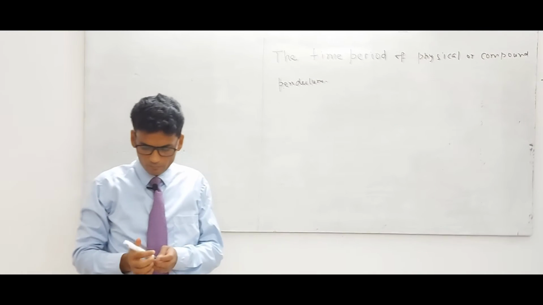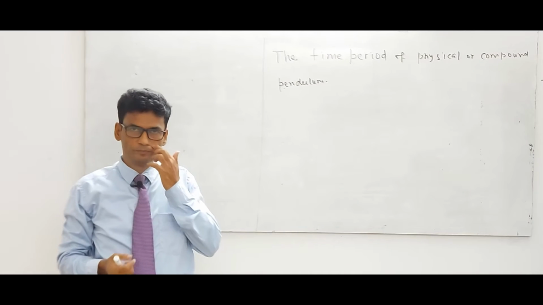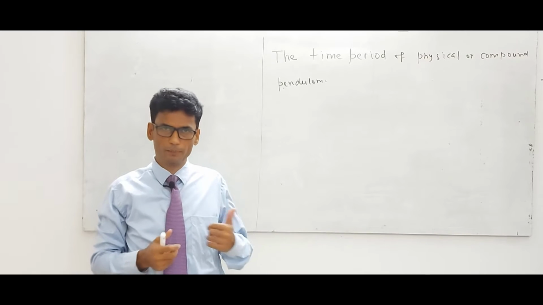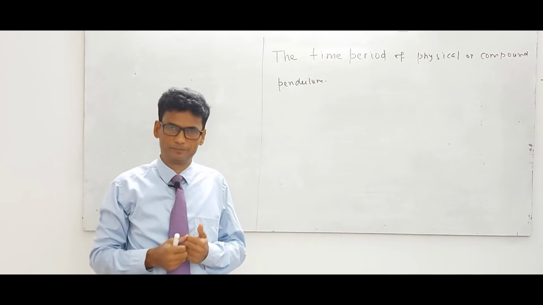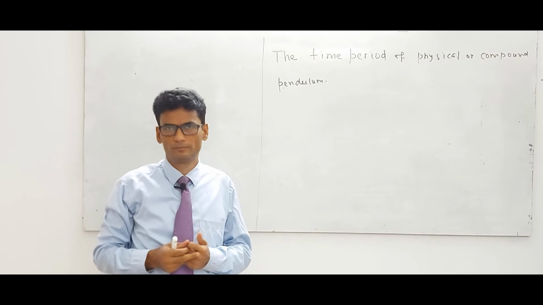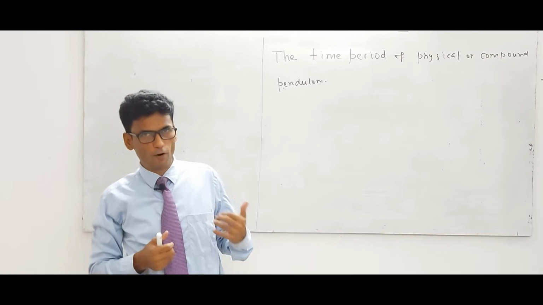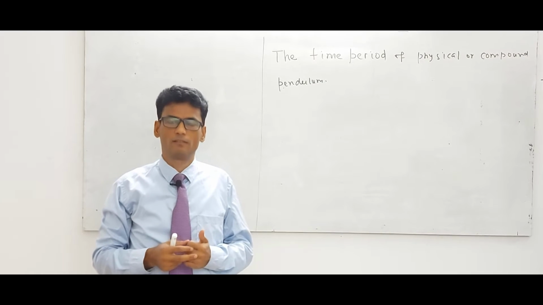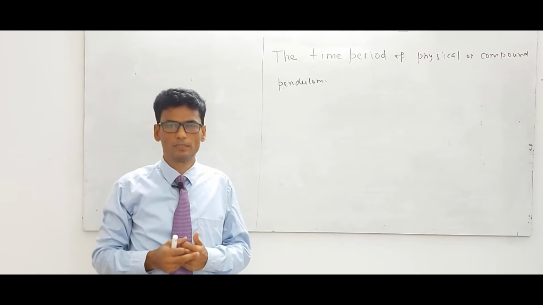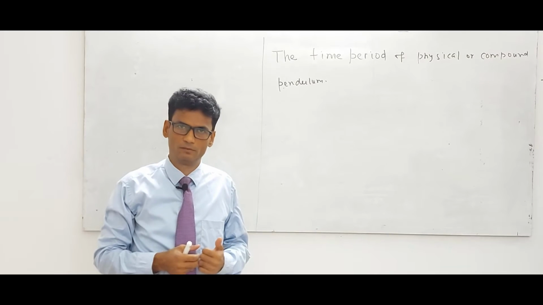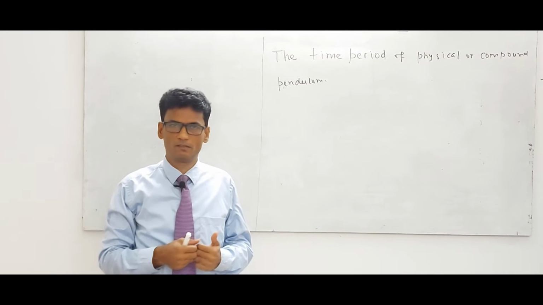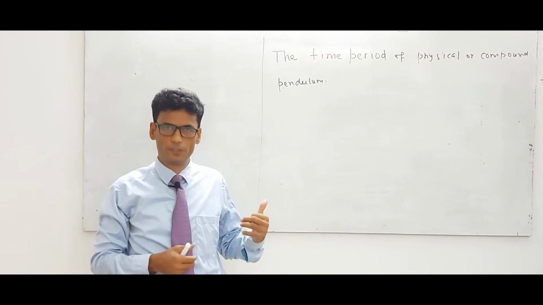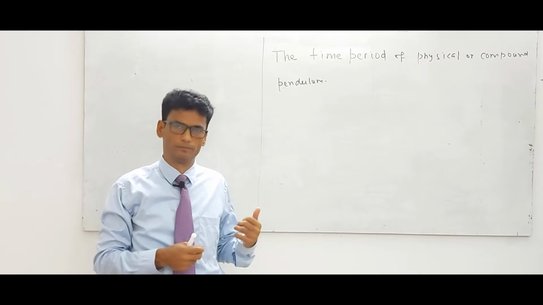Firstly, we try to know in which way the physical pendulum oscillates. However, we have to perform the oscillation when angular amplitude is very small. Under this supposition, we are going to find the time period of physical or compound pendulum.